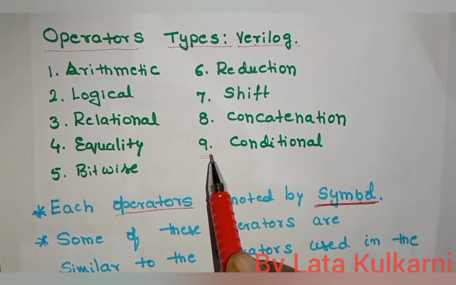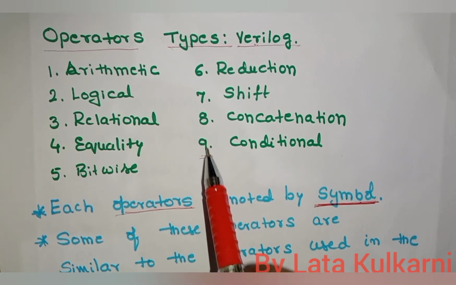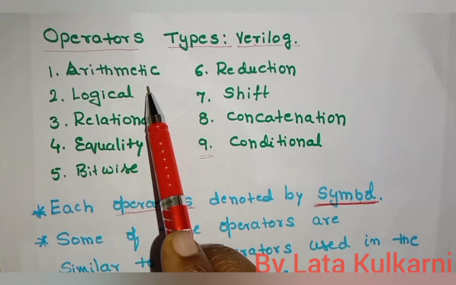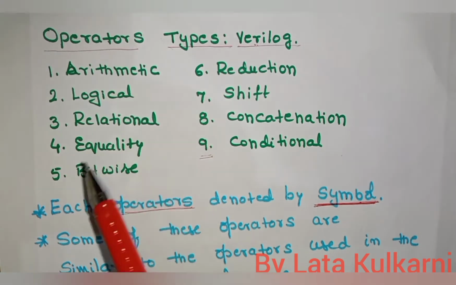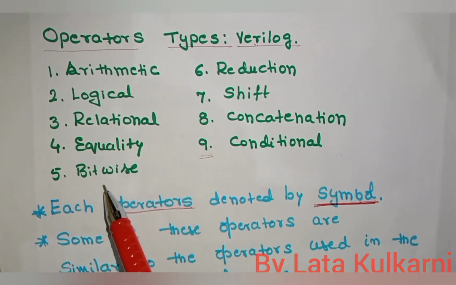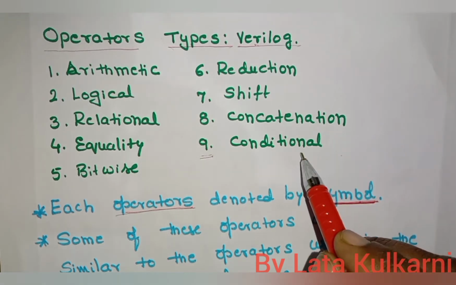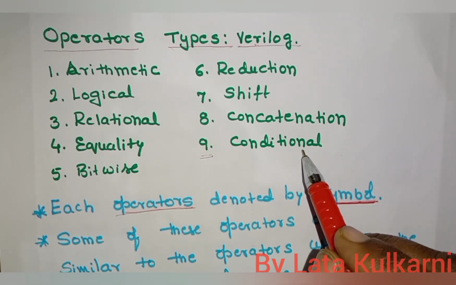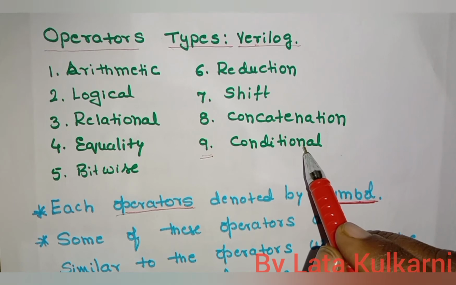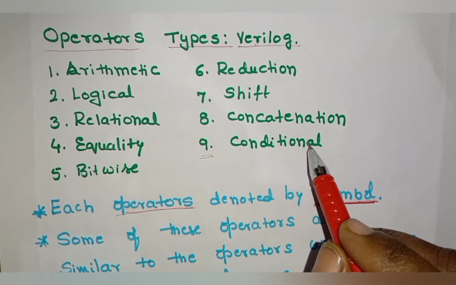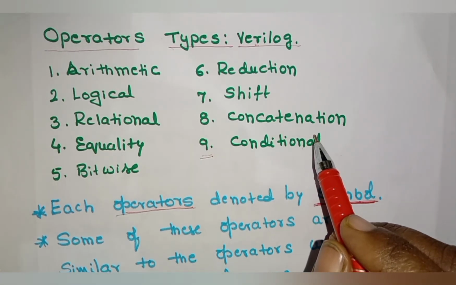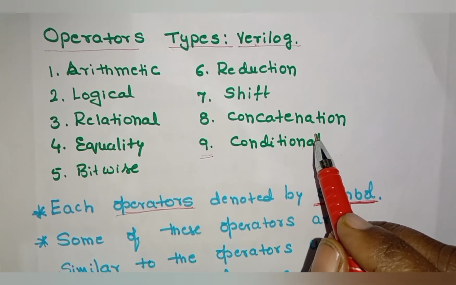There are different types of operators available in Verilog. They are arithmetic operators, logical, relational, equality, bitwise, reduction, shift, concatenation, and conditional operators. Some of the operators are the same as in the C language.